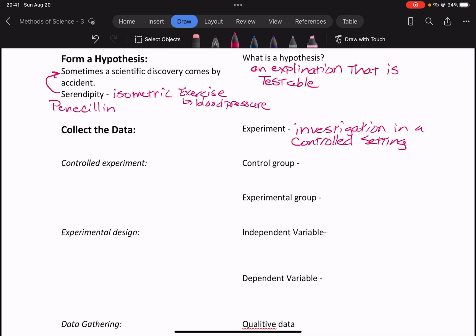So we've done nothing to them and they are for comparison. The experimental group, on the other hand, is a group we've done something to, and we compare those to the control group.